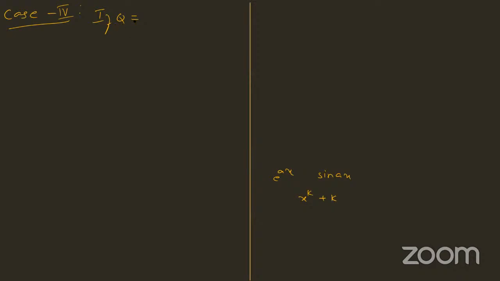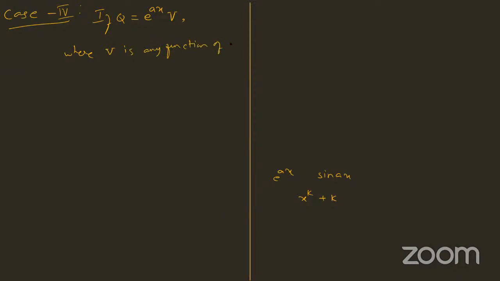When the right hand side function q is e power ax into v. V is again a function of x, and in particular, what possibilities we have for v? Understand it this way. Where v is a function of x, in general, v may be any function of x. But in particular, we take only a few possibilities.